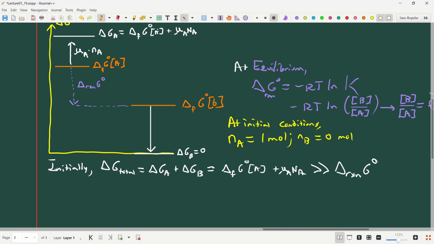Okay, so what is the system going to want to do? Well, it's going to want to lower the amount of A molecules and correspondingly increase the number of B molecules, right? Because the B molecules have lower energy on average than the A molecules.